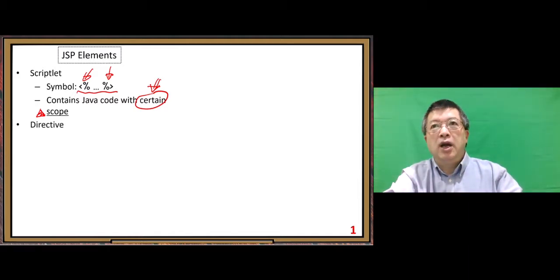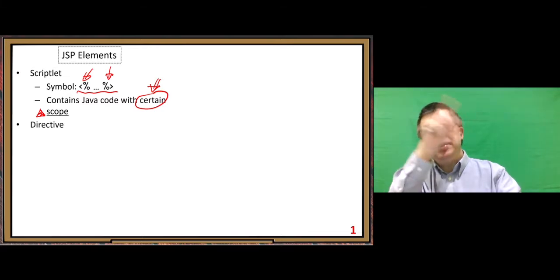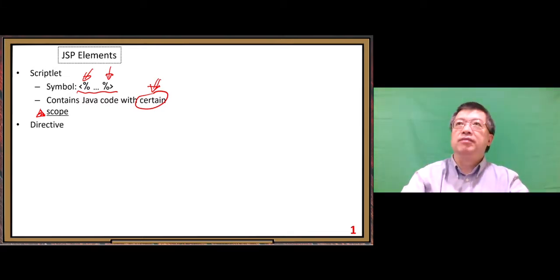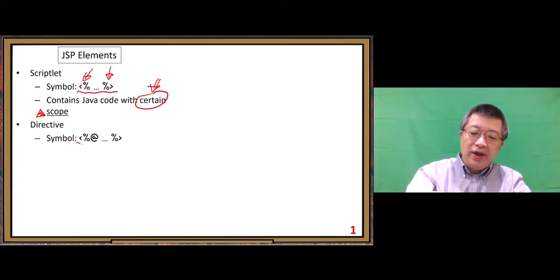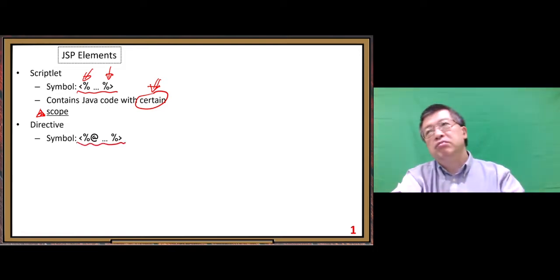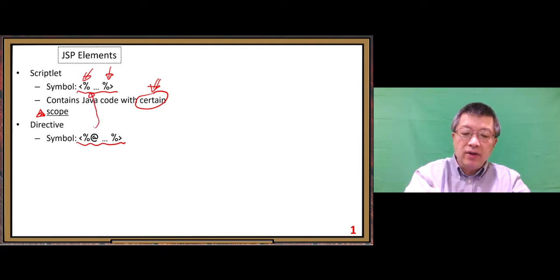Second element type, directive. I mentioned a little bit in the Duke example. Remember the first 2 lines, we saw that. JSP directive. When you look at the special tags like this, here you can see the only difference with the scriptlet is this @ sign.